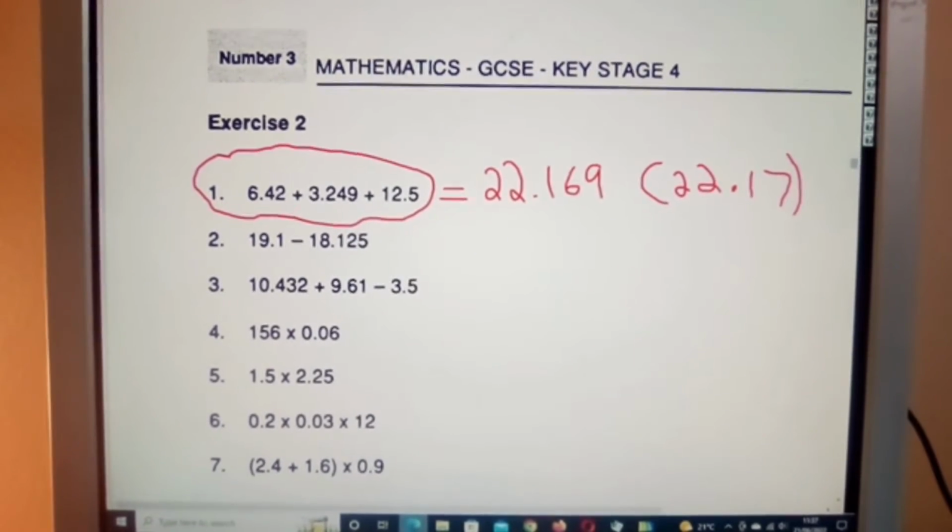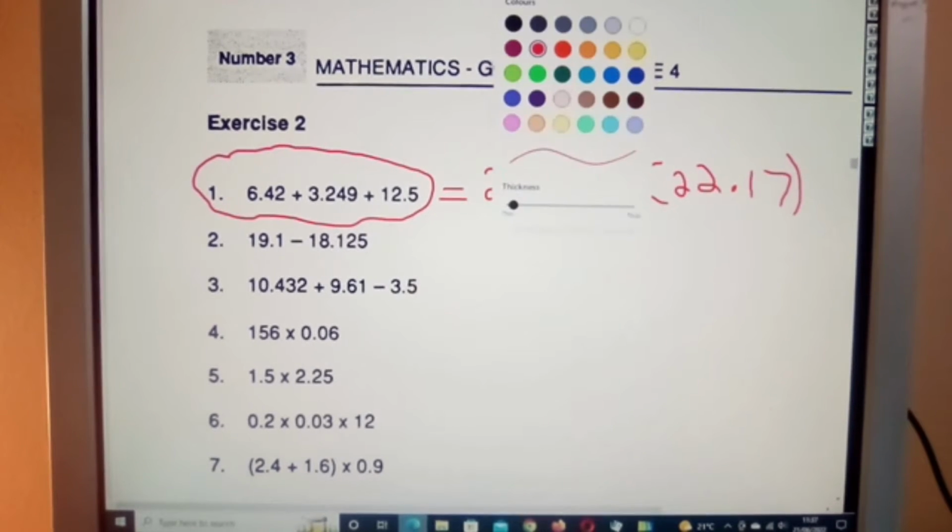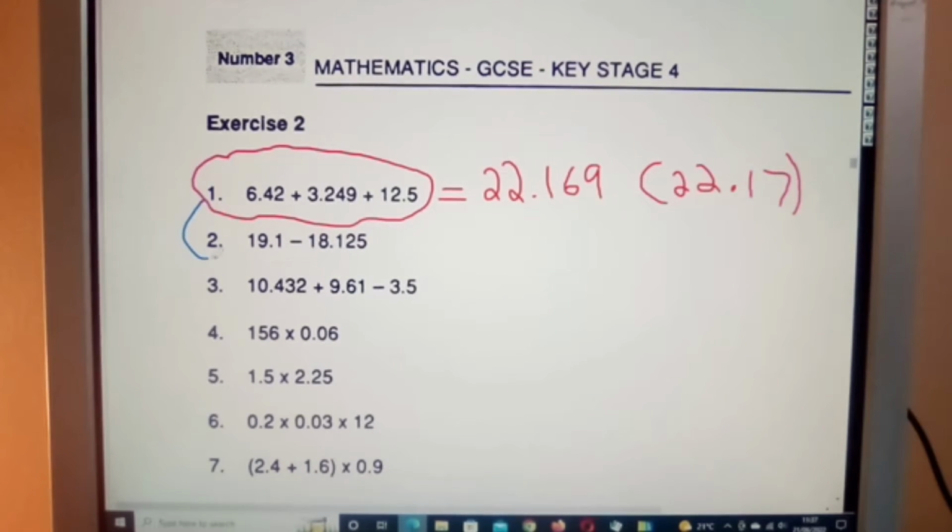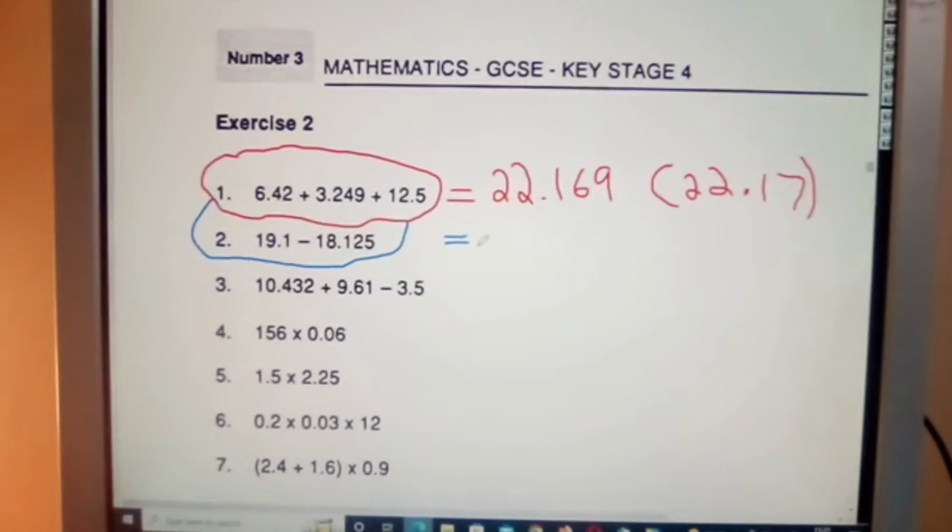Now let's look at the next one. And again, let me change my colors here for this one. I want to keep my colors bright if I can. Large. This one here. Now again, this is going to equal, what do you think it is going to equal? Go ahead, tell me.